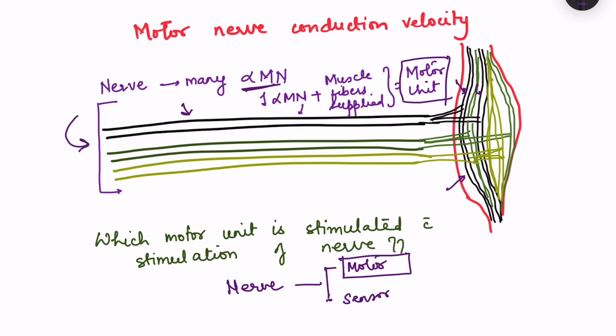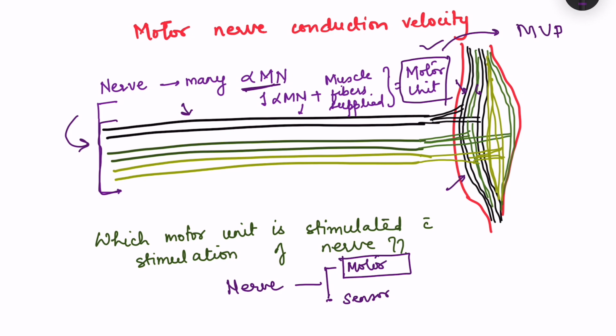Whenever a particular alpha motor neuron is stimulated, all the muscle fibers supplied by that motor neuron will be stimulated, and we record that action potential, and that is known as motor unit potential.